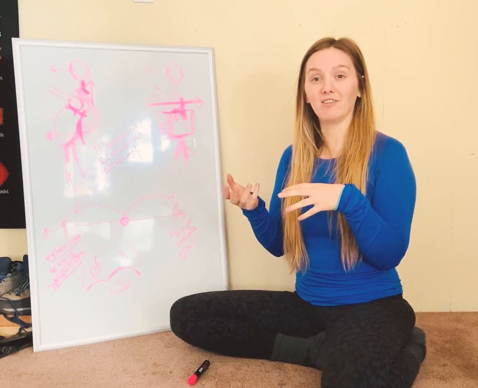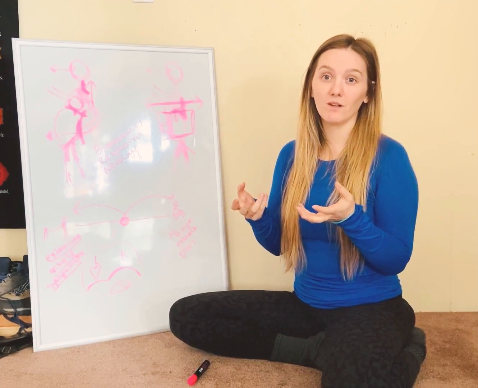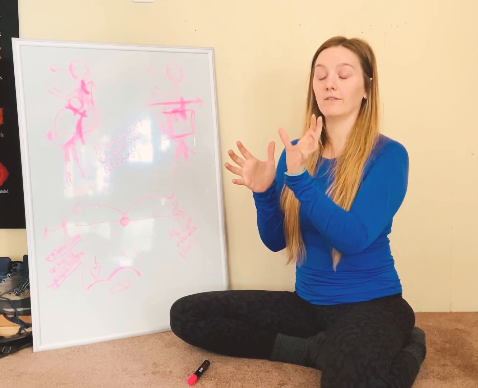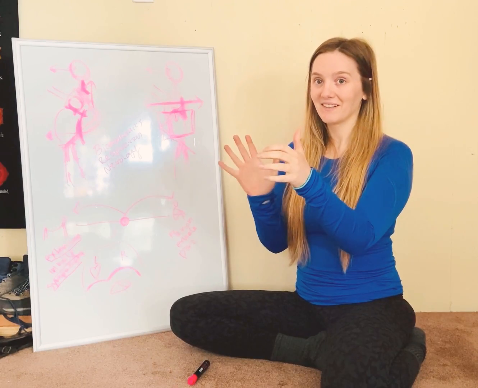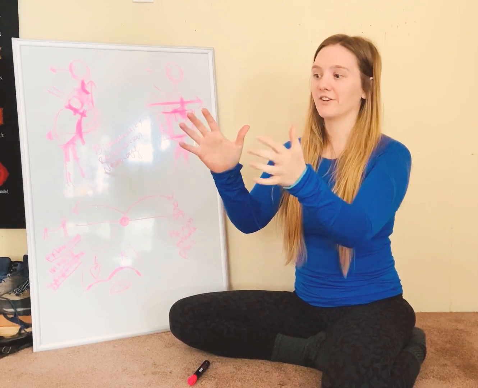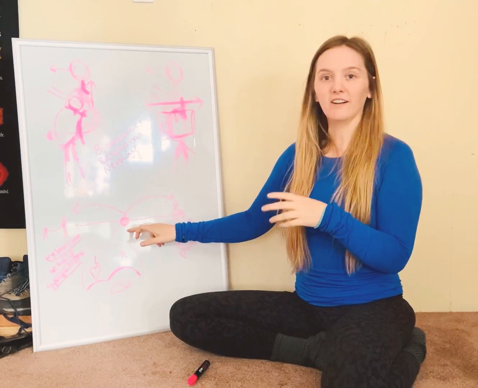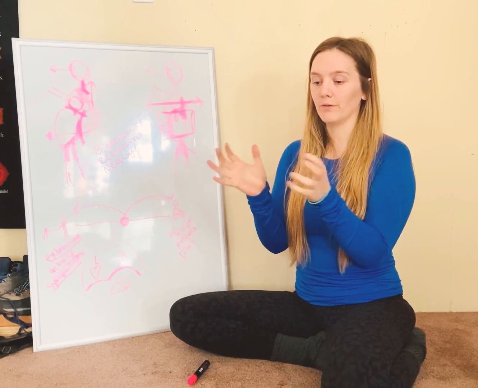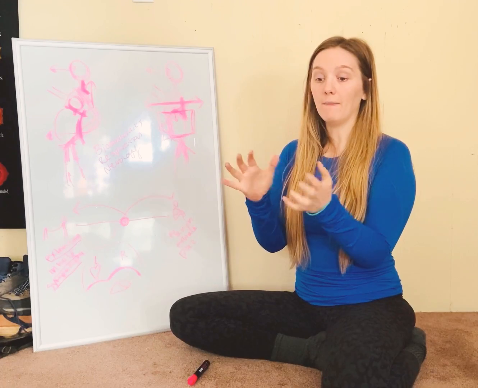So in gait biomechanics, we want to go right stance, left swing, left stance, right swing, right? And the transition zone is that kind of neutral point that we want to be able to alternate and reciprocate back and forth.